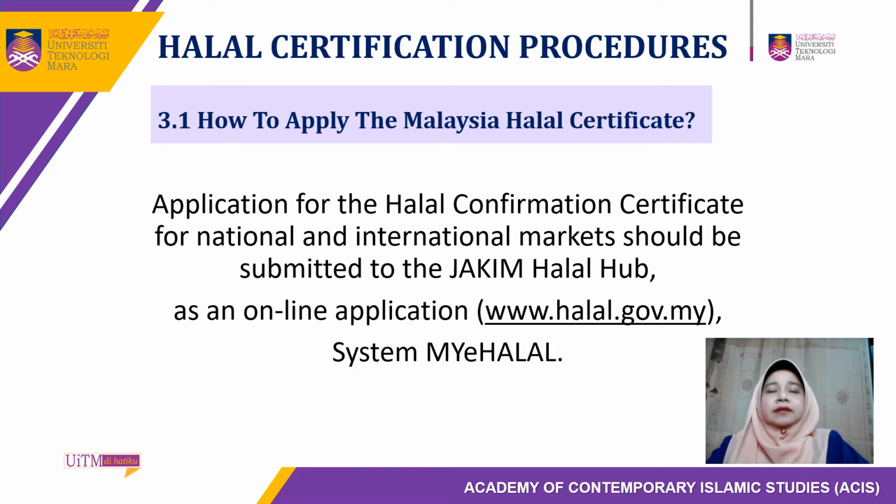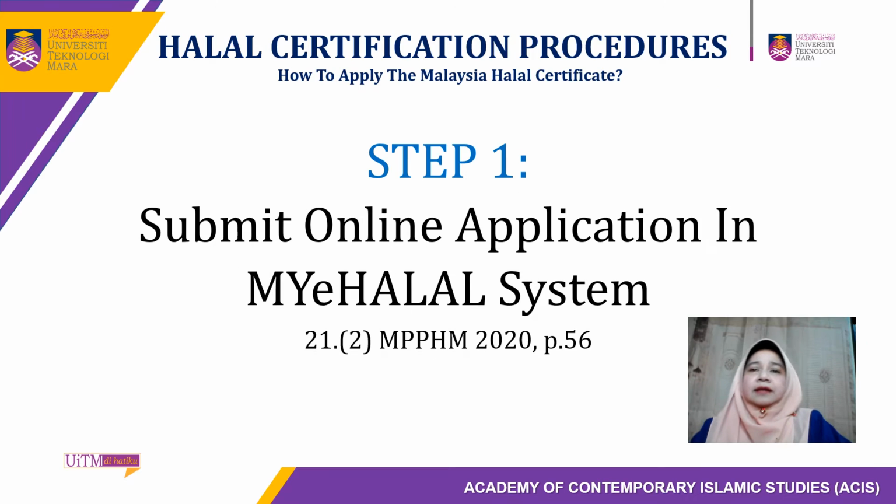And if you look at 3.1, how to apply for the Malaysian halal certificate, the application of the halal confirmation certificate for national and international markets should be submitted to JAKIM as an online application to the system My eHalal. Step 1, submit online application in the My eHalal system.